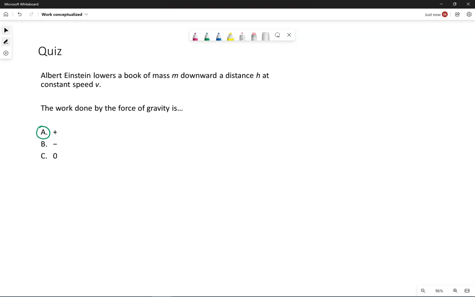So it helps, let's go back, free body diagram it. We know there's a force of gravity downwards. We know Albert's hand, I'll call it force sub A for the force of Albert's hand, pushing upwards.